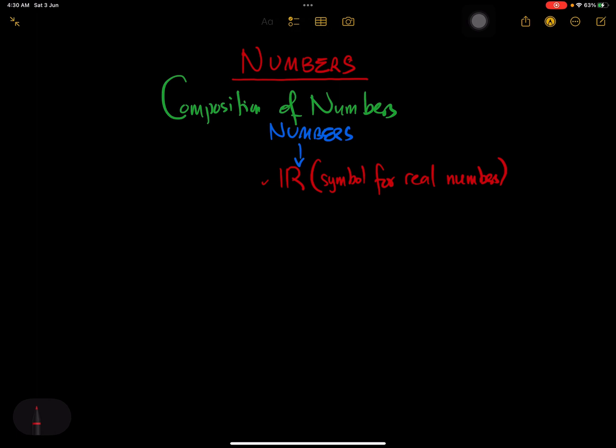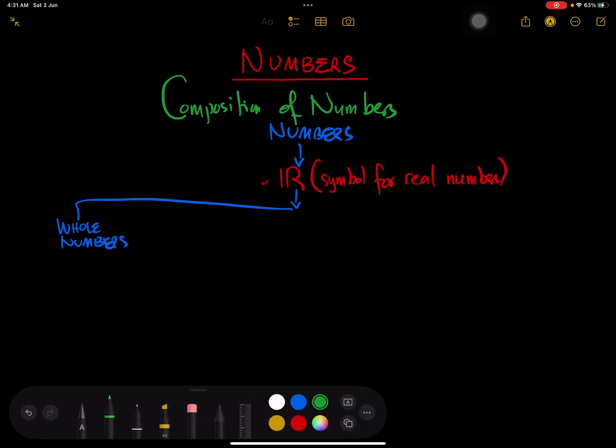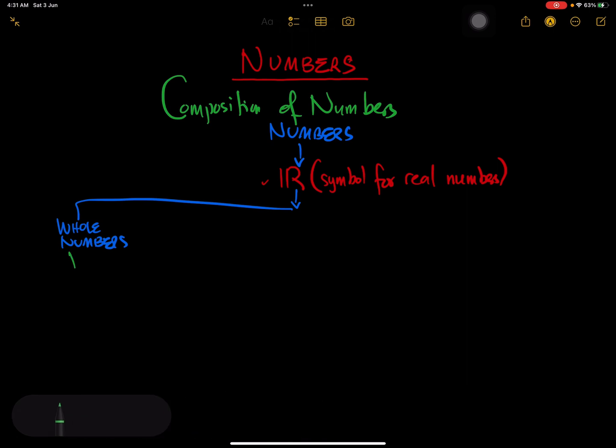After all real numbers, we have what we call whole numbers. Whole numbers have a symbol like this.